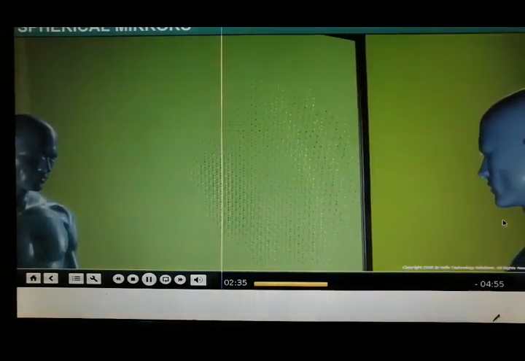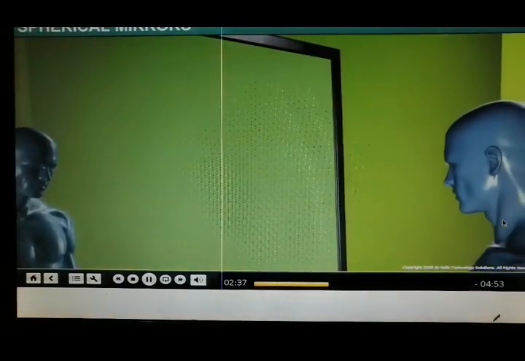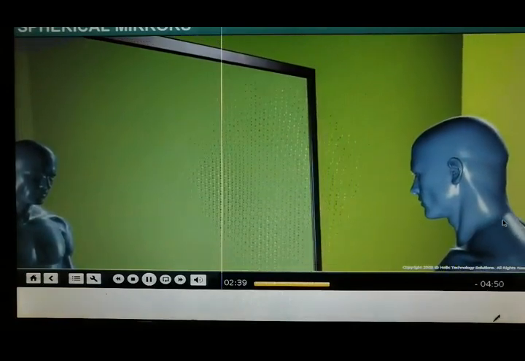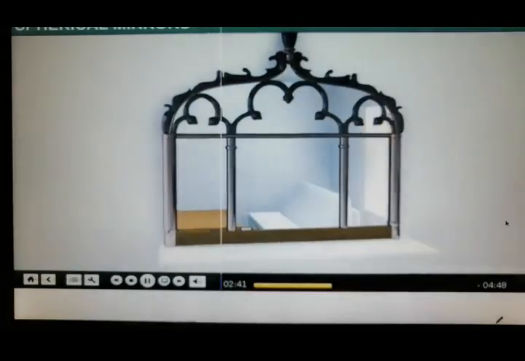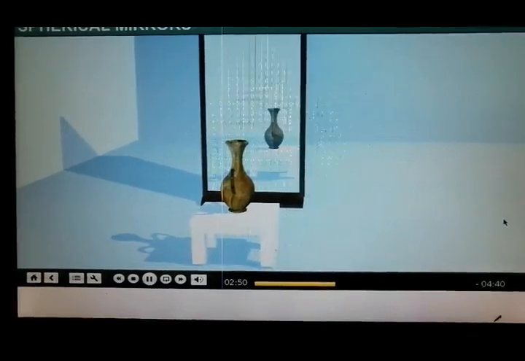Plane mirrors have flat, smooth surfaces. Plane mirrors are most commonly used for personal grooming, decoration, and architecture. These mirrors are constructed with silver on one side so that the other side can reflect smoothly.